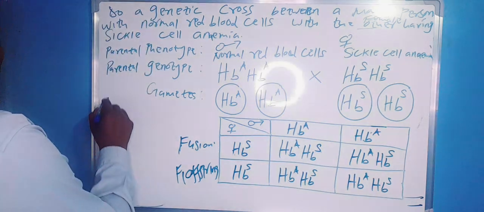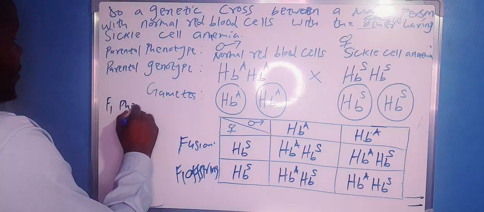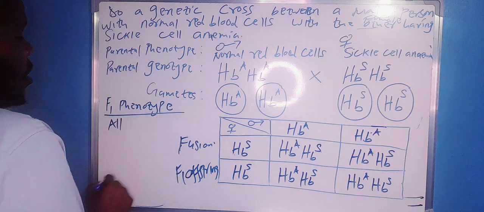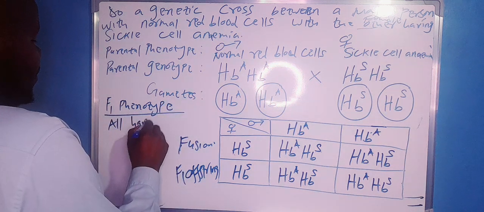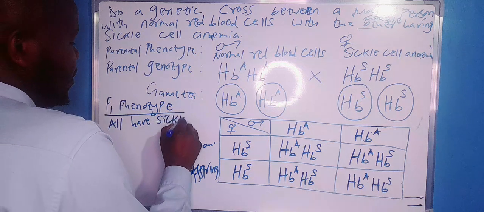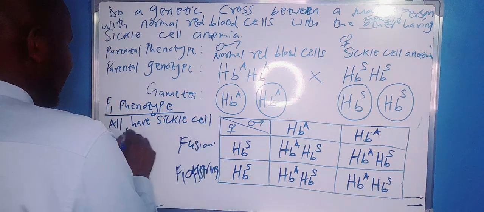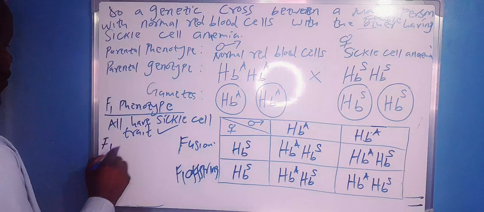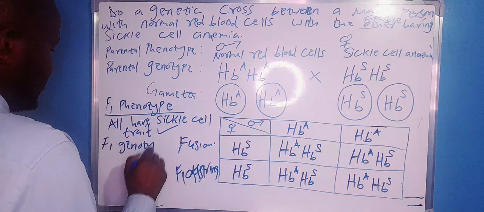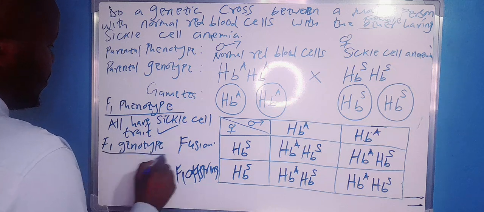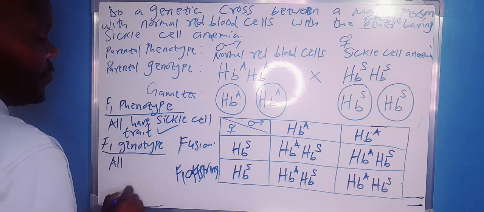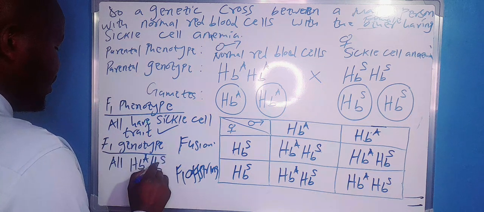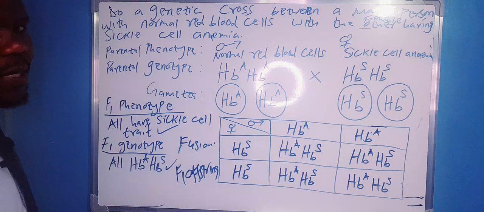So the F1 phenotype will be all have sickle cell trait. You get your mark? Then the F1 genotype, all HbA, HbS. You get your mark?